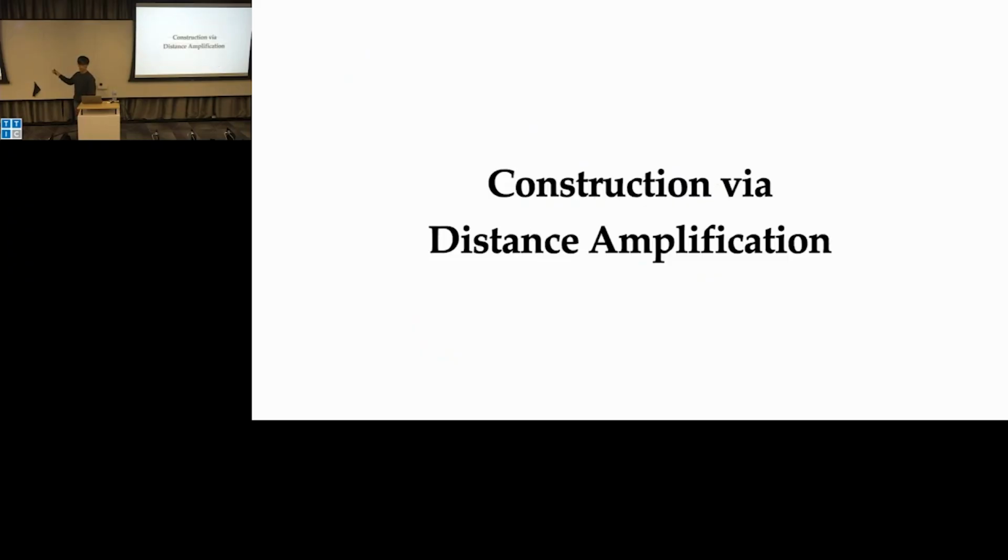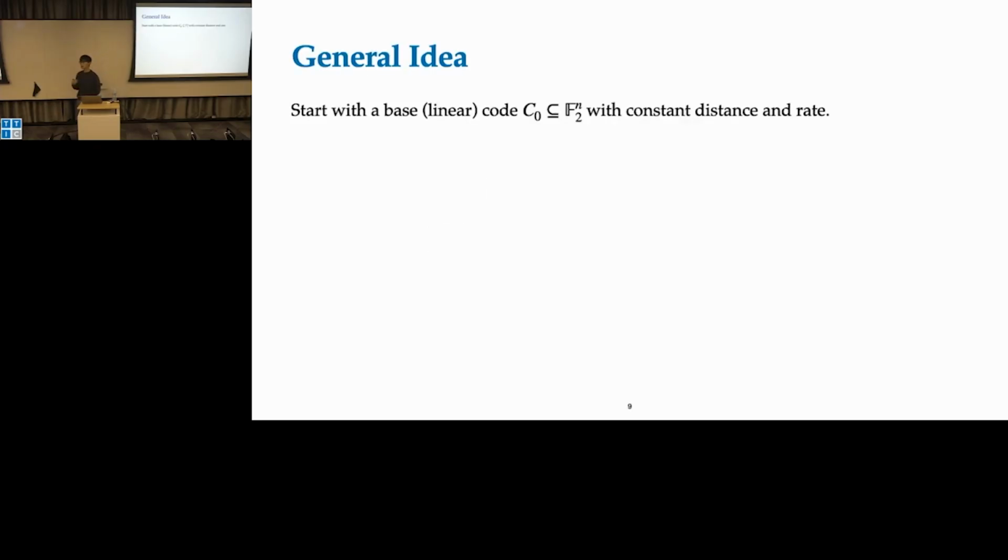So the next part of the talk, I'll tell you about a general framework of construction using distance amplification. The general idea is that we start with a base code C0, which is in F2 to the n, and we assume that it has constant distance and constant rate. So here we don't assume that it's optimal, it's just some constants. What are we going to do?